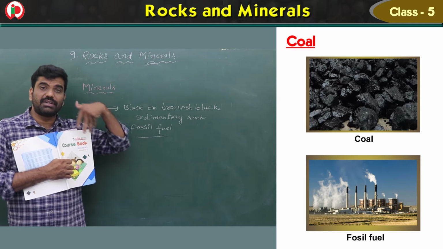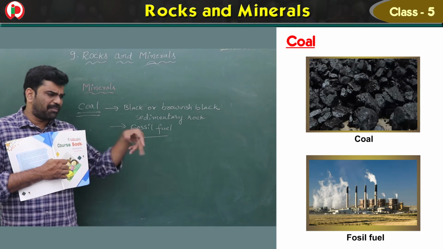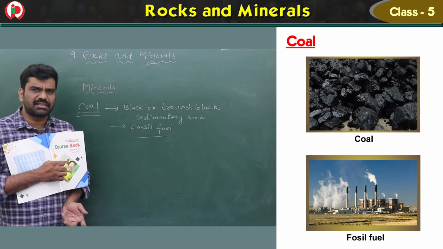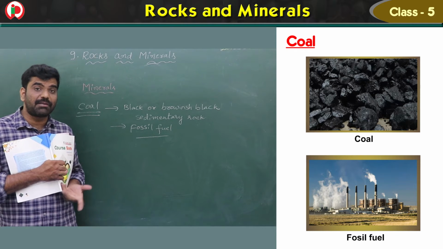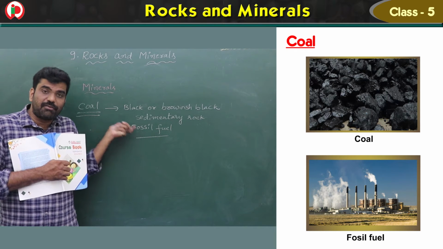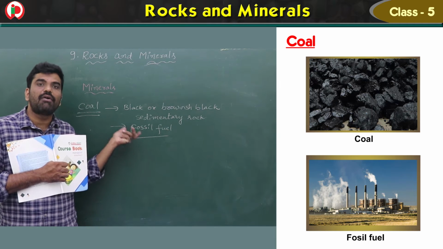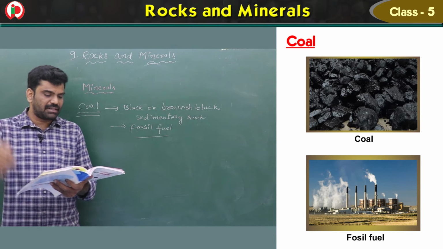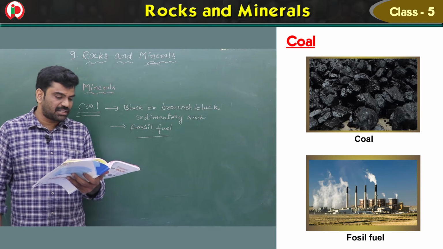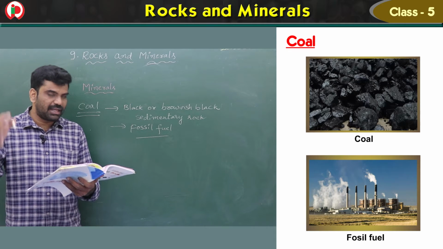See, thousands of years ago, hundreds of years ago, the plant and animal remnants are buried under the earth. From these plant and animal remnants, the coal is found, that is why it is called fossil fuel. It is formed from the dead remains of plants and animals that are buried in the soil for millions of years.